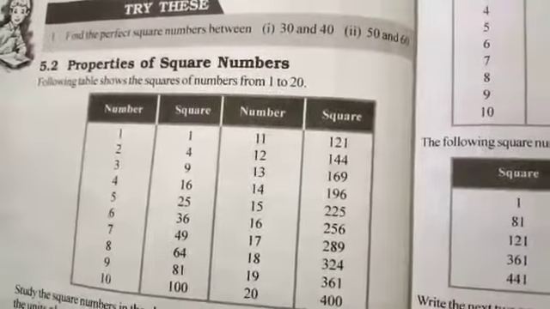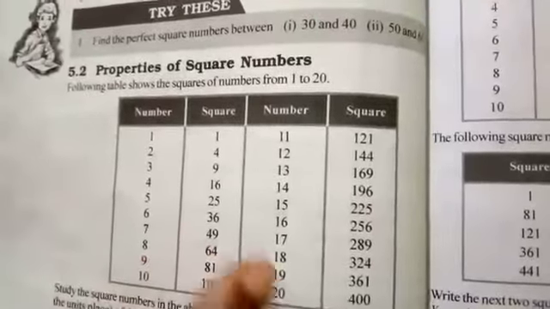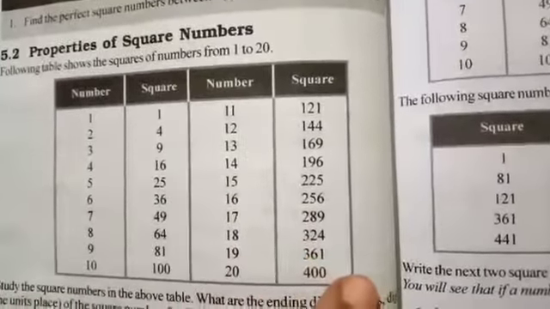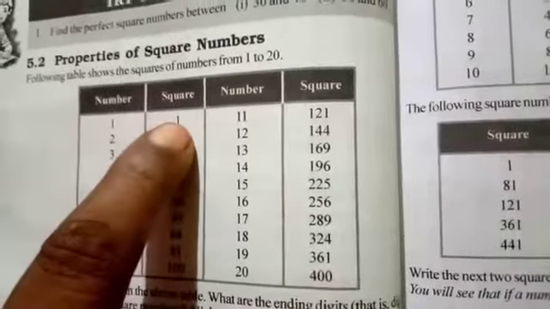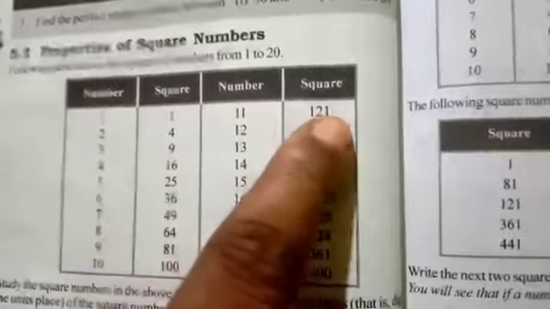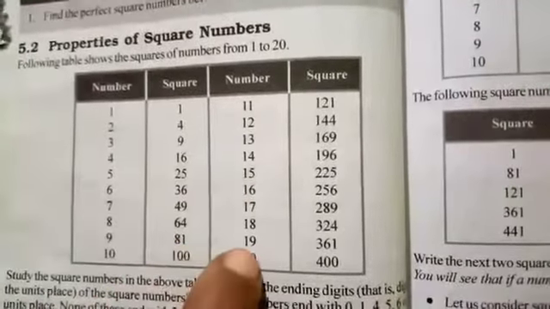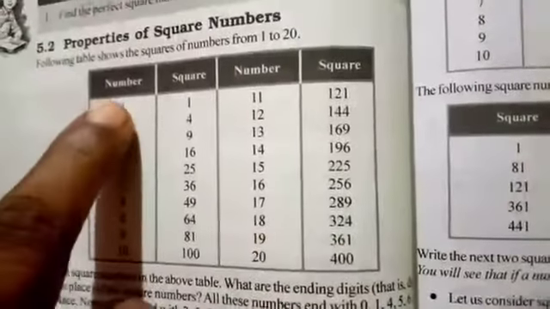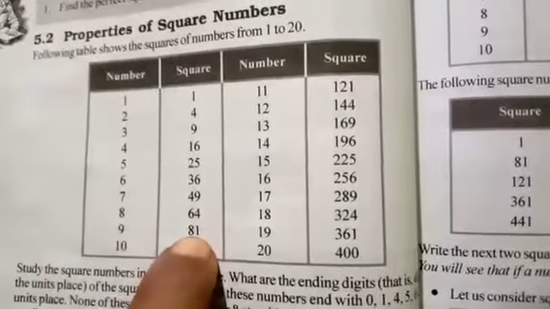Properties of square numbers. They have given here numbers from 1 to 20 and their squares also. In this we will observe something: 1 square is 1, 11 square is 121, 9 square is 81, 19 square is 361. So for 1 and 9, the squares end with 1.